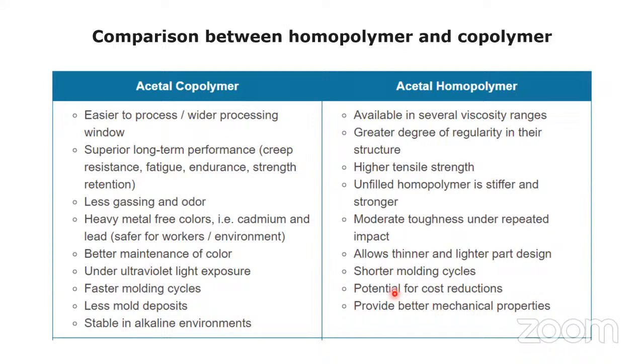It allows thinner and lighter part design. Acetal homopolymers have shorter molding cycles and potential for cost reductions. Acetal homopolymers provide better mechanical properties, as you have seen in the last slide.